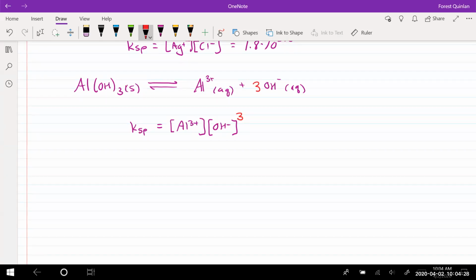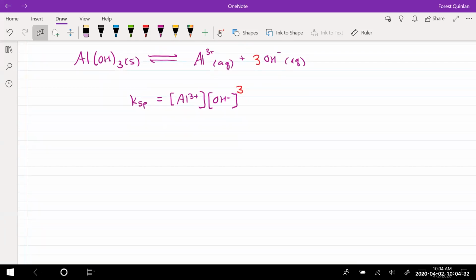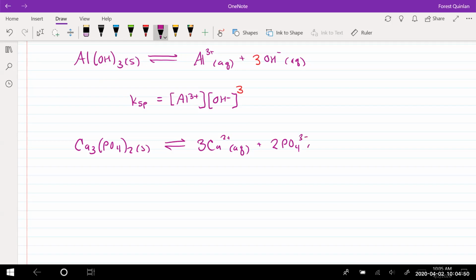All right, so not to put too fine a point on it, I'm going to give this to the great gherkin. We have calcium phosphate, Ca3(PO4)2. That's a solid. We're going to go back and forth to make 3 calcium 2 pluses, aqueous, and 2 phosphates, aqueous.